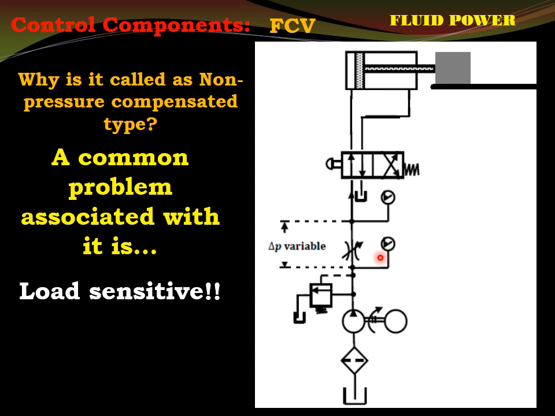And since we put some restriction over there, this pressure gauge will read what pressure? Yes, the PRV setting pressure. Say that pressure is 70 bar. Understood? That pressure is 70 bar. And assume the pressure needed to displace the load shown here is 30 bar.